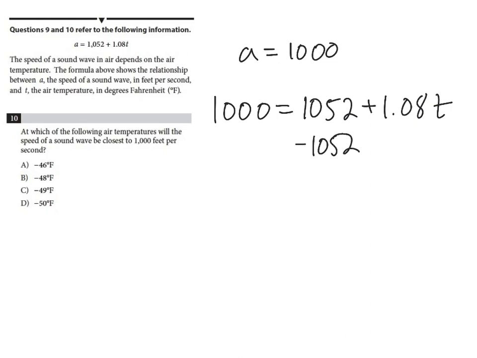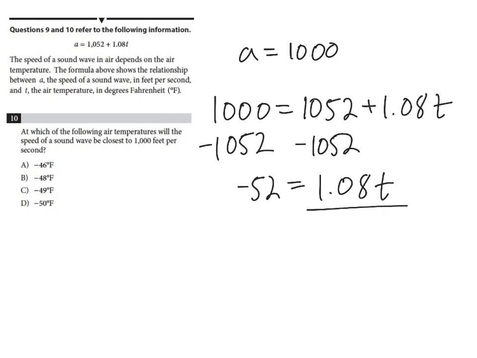Subtract 1,052 from both sides. We're going to get negative 52 equals 1.08 T. Okay. Divide by 1.08. And we see that T is going to equal, so I'm going to have to do a little calculation here. Let's see, 52 divided by 1.08.